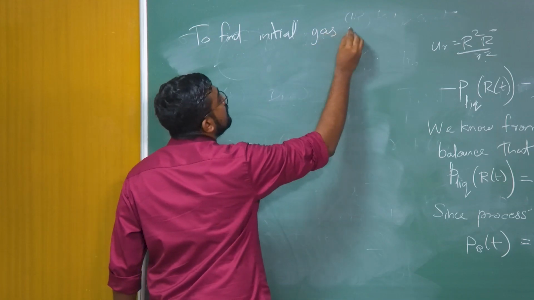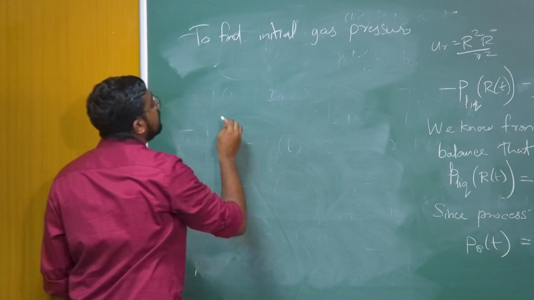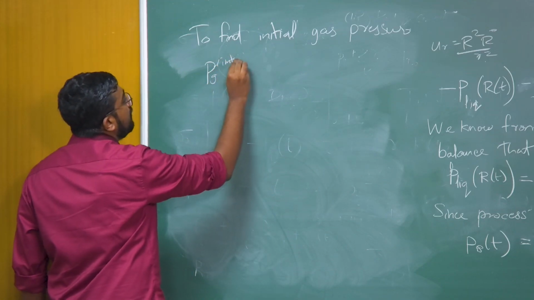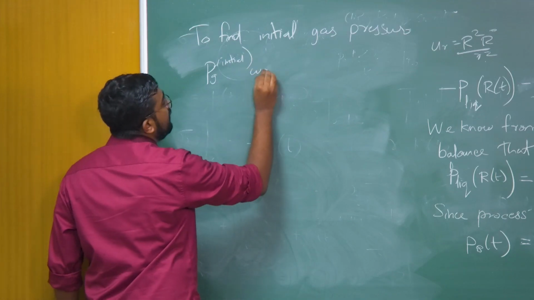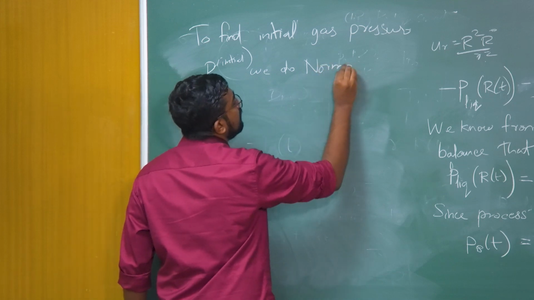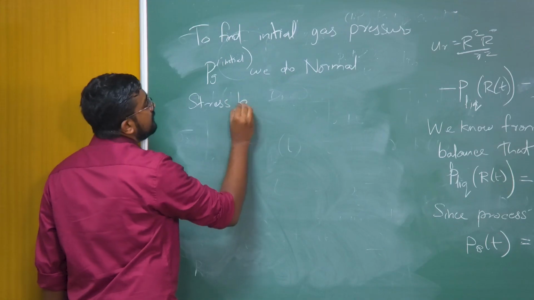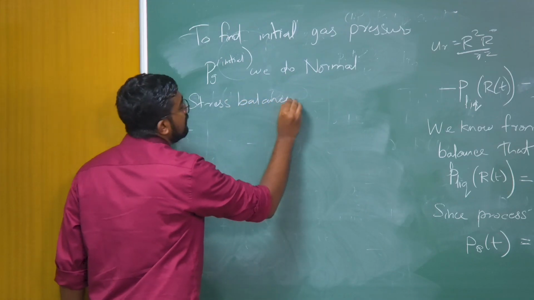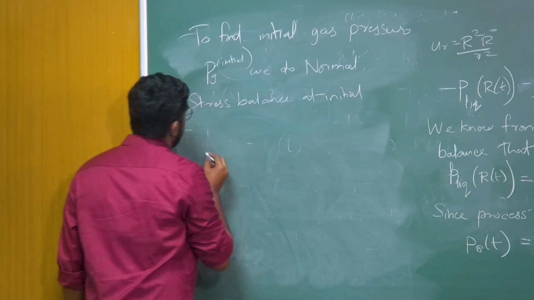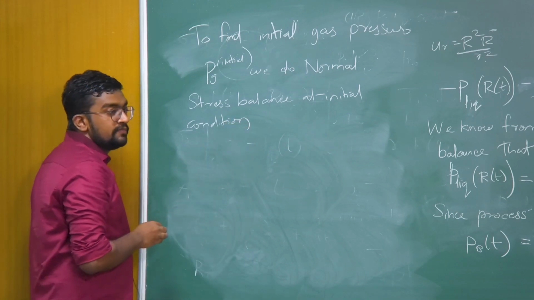So, to find the initial gas pressure, Pg initial, we do normal stress balance at initial condition. Okay.